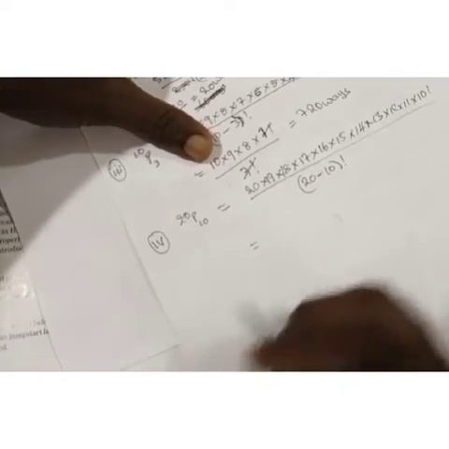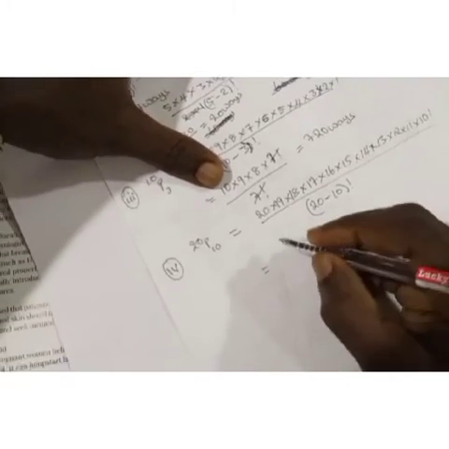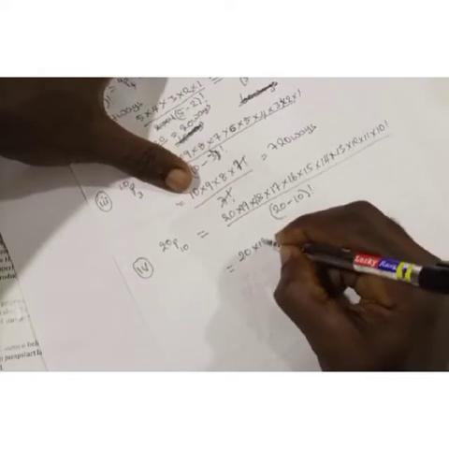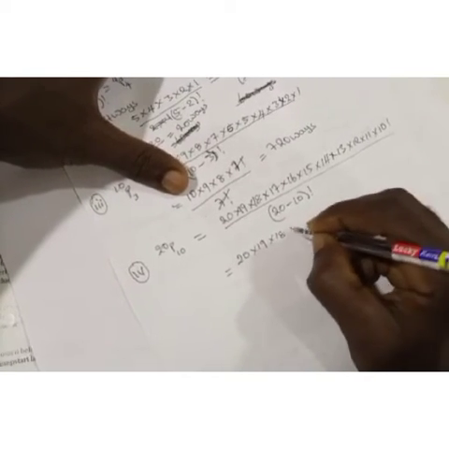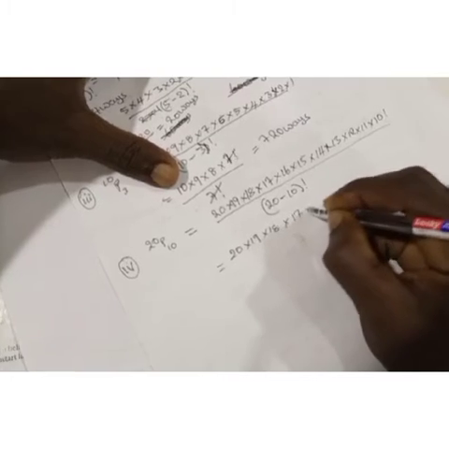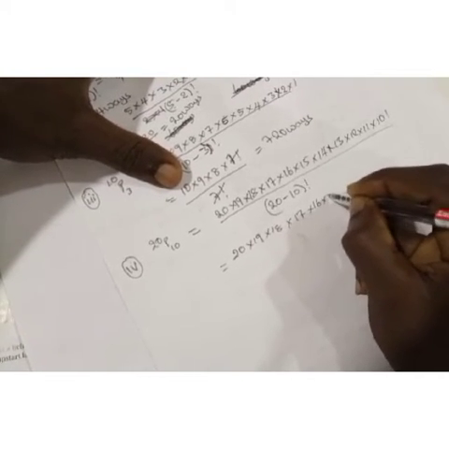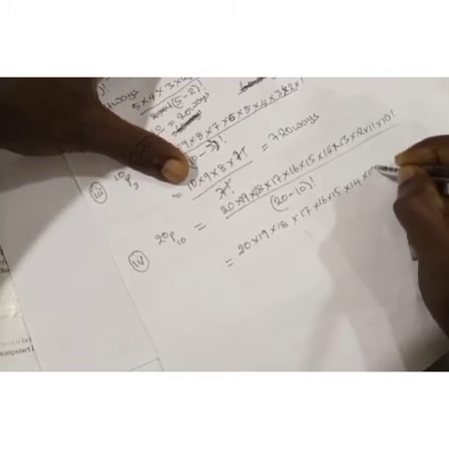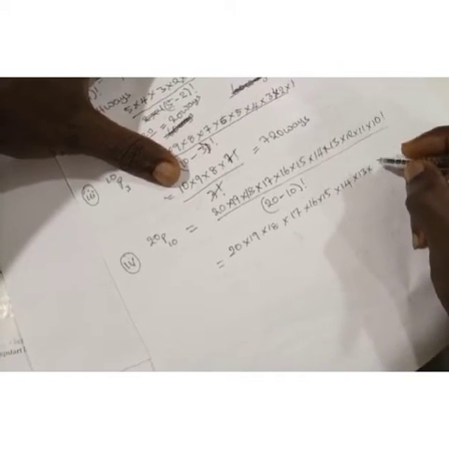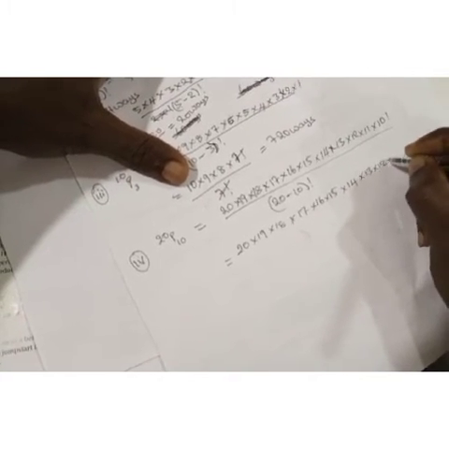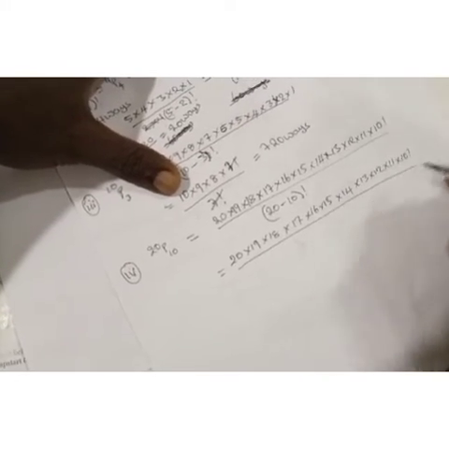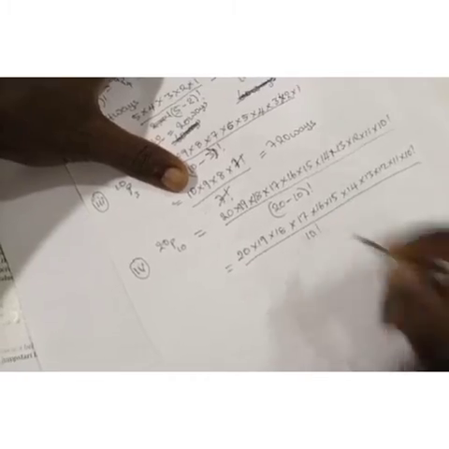So which will be equals to 20 times 19 times 18 times 17 times 16 times 15 times 14 times 13 times 12 times 11 times 10 factorial over 10 factorial.